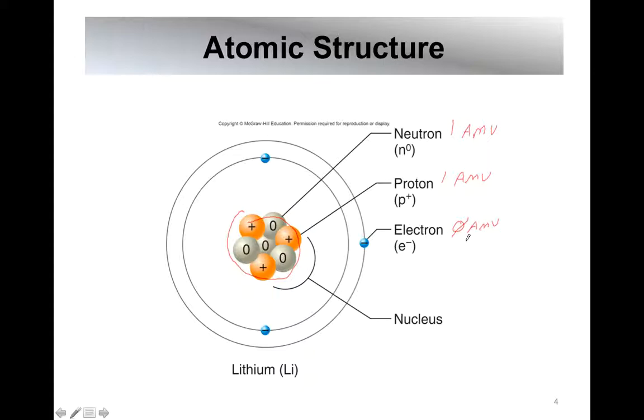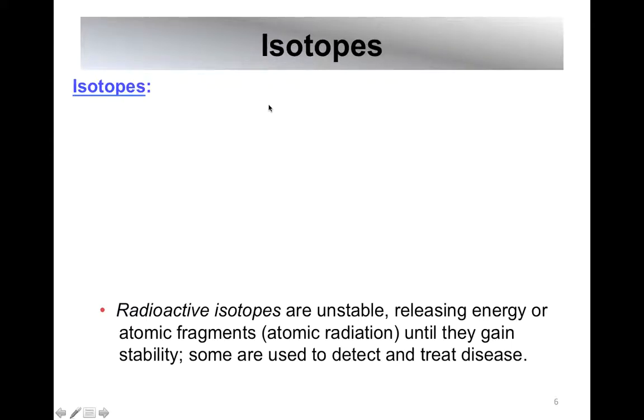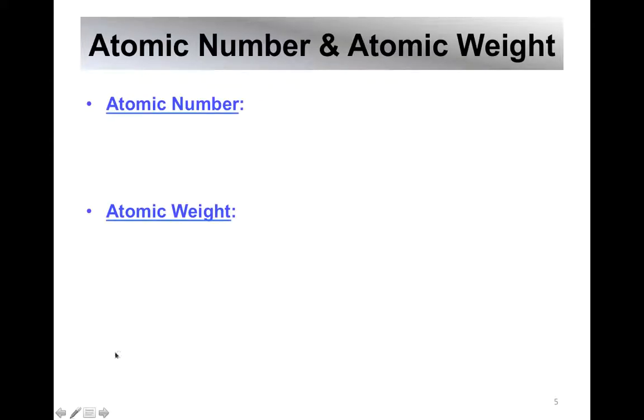Okay? Electrons are negatively charged, protons are positively charged, neutrons are neutral. They don't have a charge. Okay, atomic number. Atomic number is equal to the number of protons in an atom.